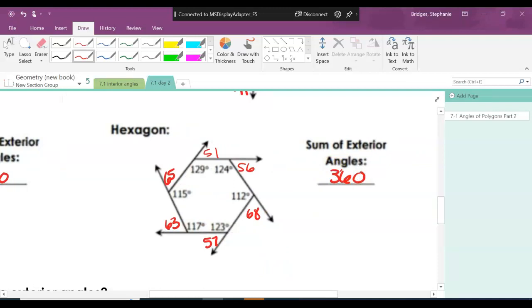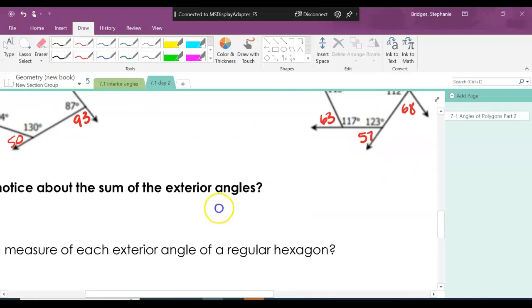So it seems to me that no matter how many sides our polygon has, if I find one of the exterior angles at each vertex and I add them all together, what does it always seem to equal? 360. So guess what?